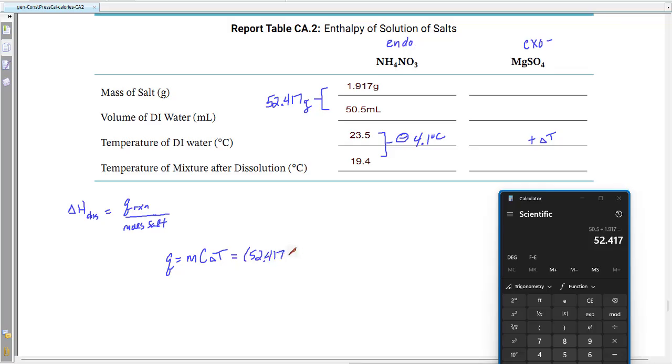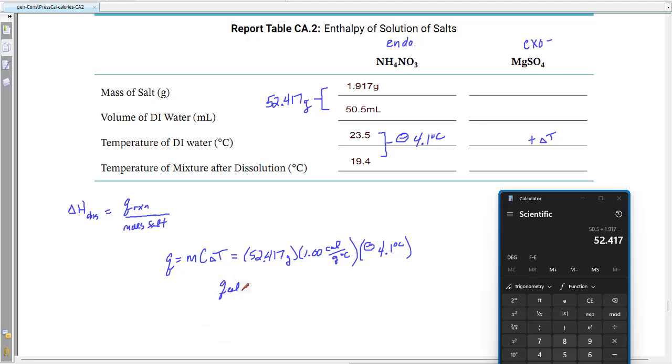52.417 grams. All right, again, it's nominally a water solution, so we're going to use the specific heat of water, 1 calorie per gram degree Celsius, and the temperature change now of that water is a negative 4.1 C. I circle my negative signs so I don't lose them, okay? It's just something I picked up over the years.